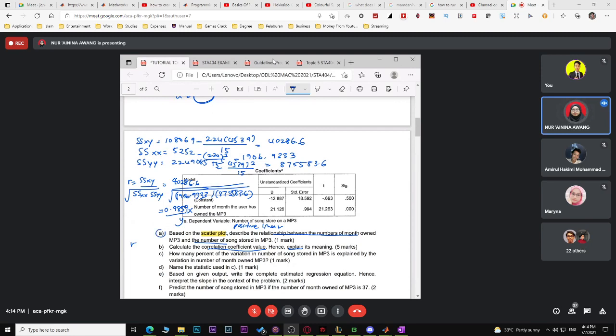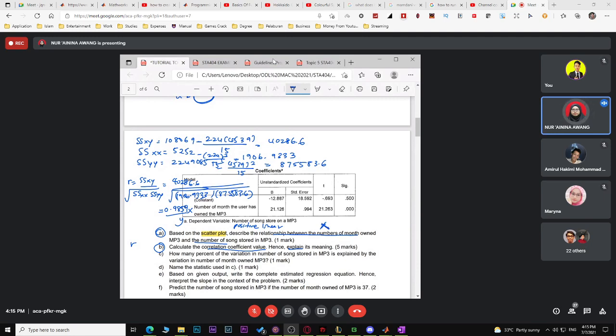So for the first question, you only say that there is a positive linear relationship. But for B, we say that there is a strong positive linear relationship between X and Y. Okay, so if you answer the first question by saying there is a strong positive linear relationship between your x and y, your answer will be wrong.